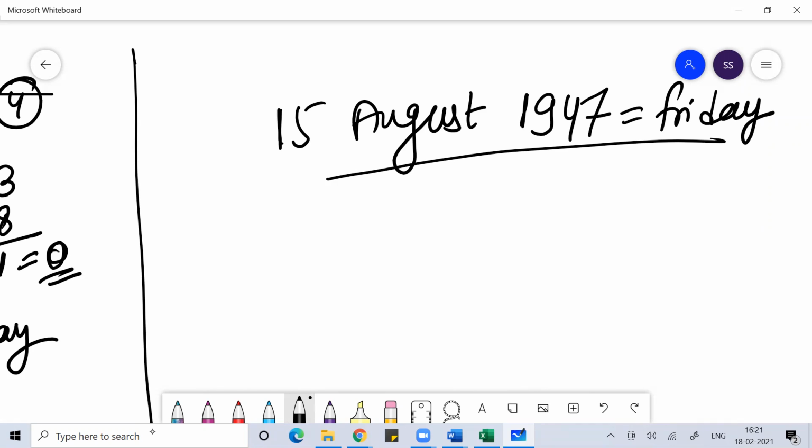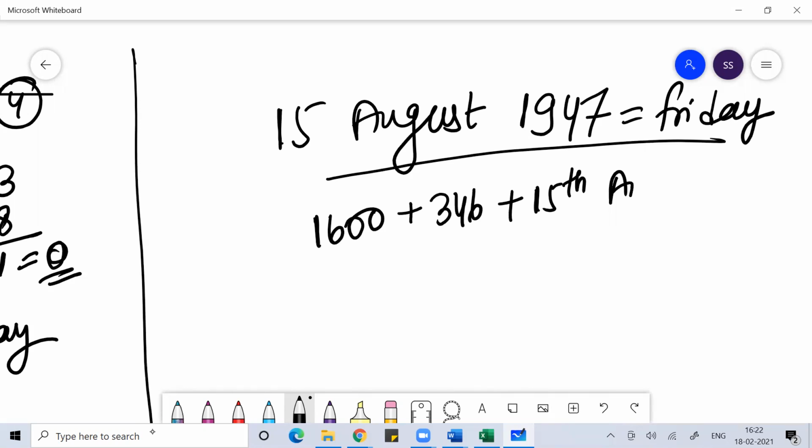Before 15 August 1947, think of a year which is a multiple of 400. That would be 1600. I think everyone understands. So that would be 1600. After 1600, 346 years, and on the 347th year I'm taking a date called 15 August.